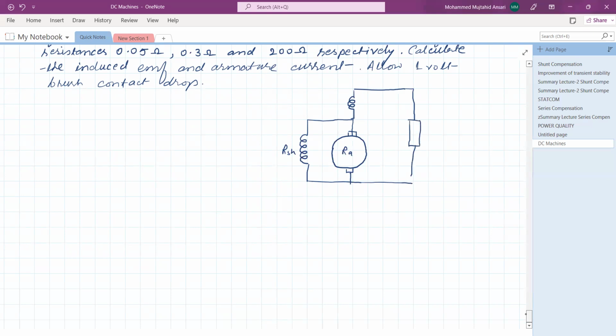Now what are the different parameters given? We will write 200 ohm. So it is RA, it is RSE.